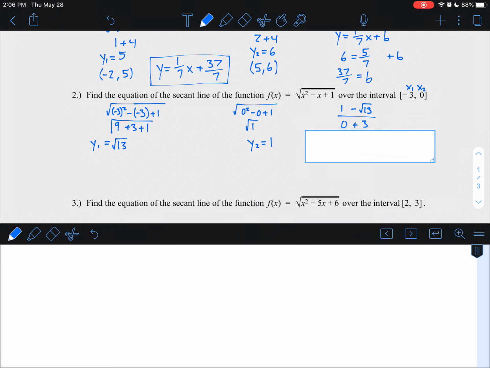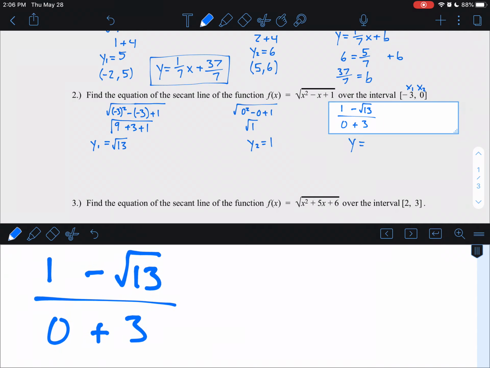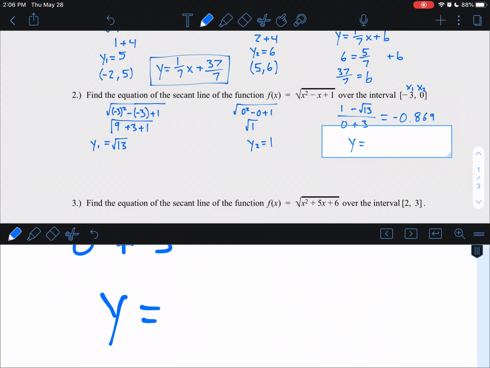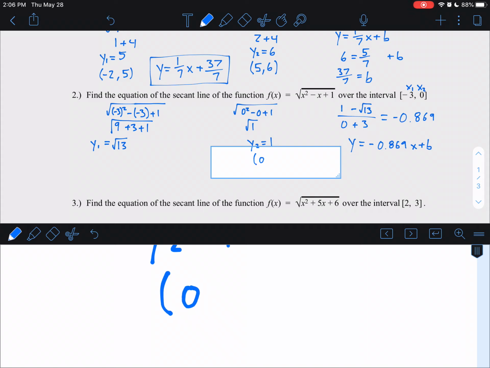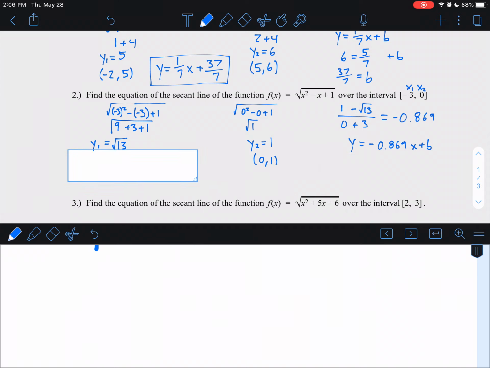So this means I have y equals negative 0.869 x plus b. We don't know our b value, so I can plug in one of my points now. I could either plug in 0, 1, or I could plug in negative 3, square root of 13.